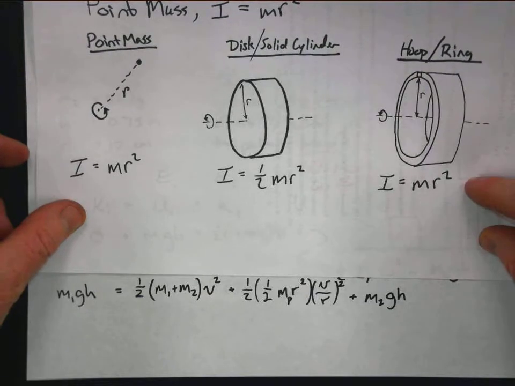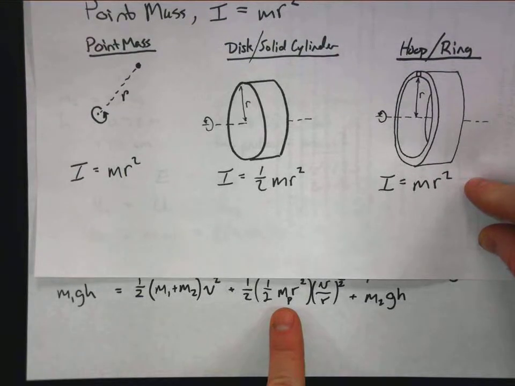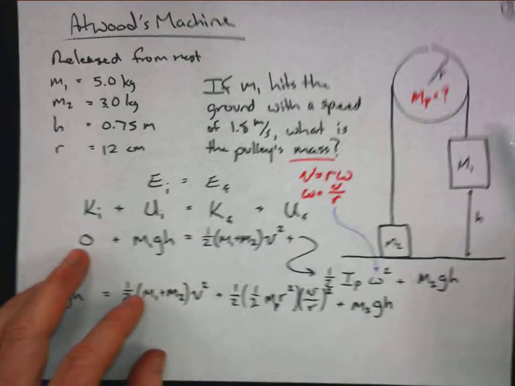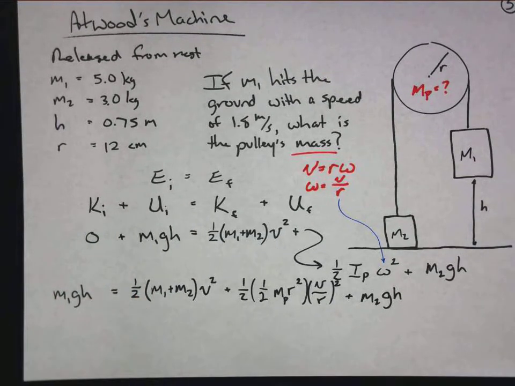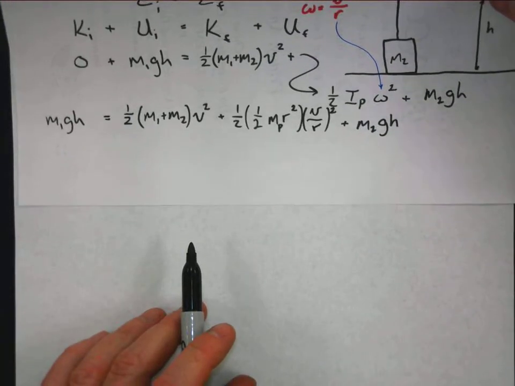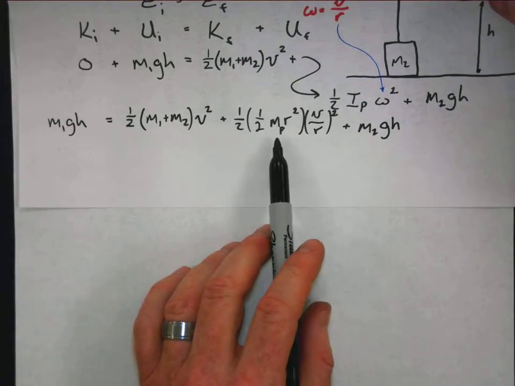Essentially, that's what I have to look at and solve. And my unknown is the mass of the pulley right there. So I'm going to try to show you isolating that guy. Let's work on that. I'm going to begin anew here. I look at this and I say, okay, I'm trying to isolate this.